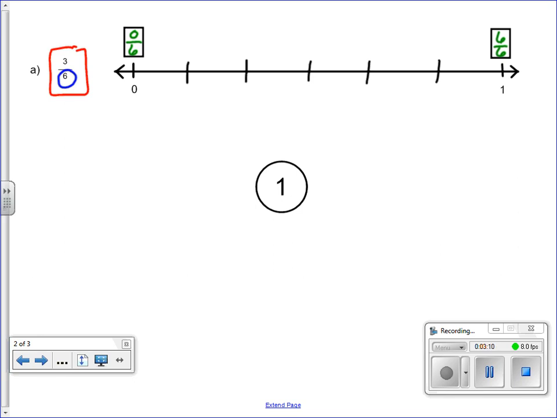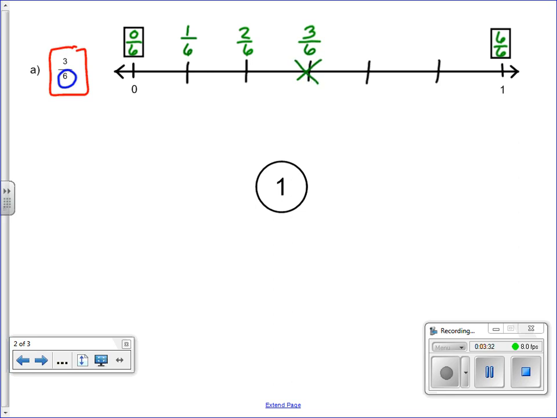Now where would 3/6 be? If you want to, go ahead and put an X on the mark that would be represented by 3/6. I know that if this is 0/6, this has got to be 1/6, 2/6. This has got to be my 3/6 here.